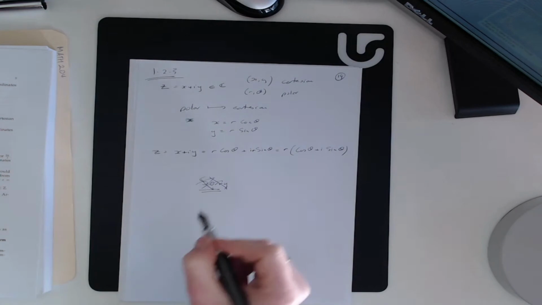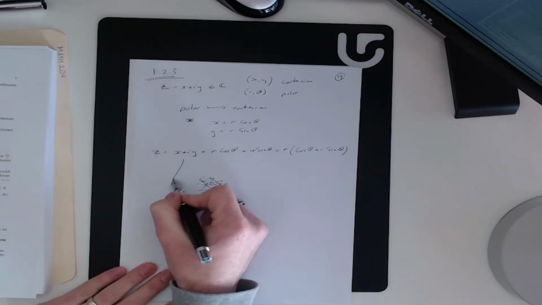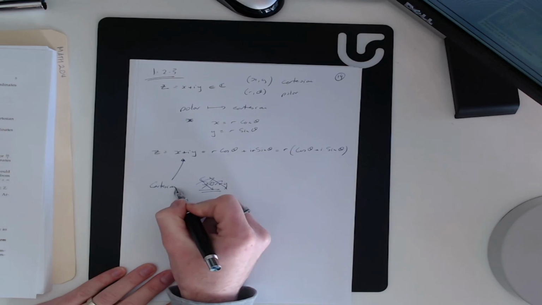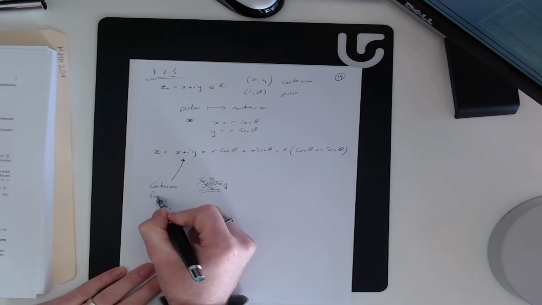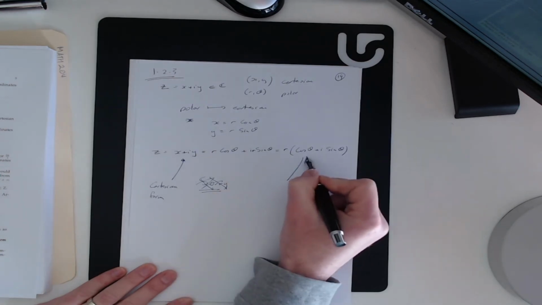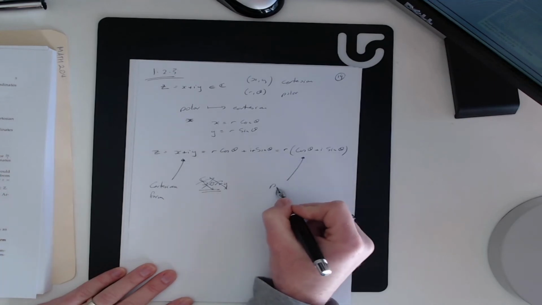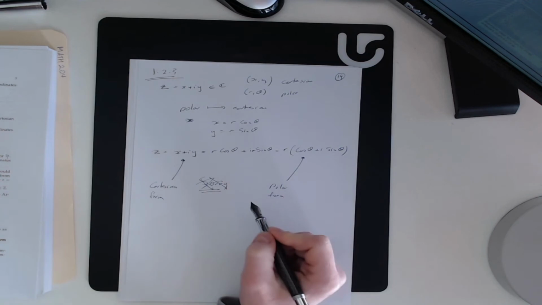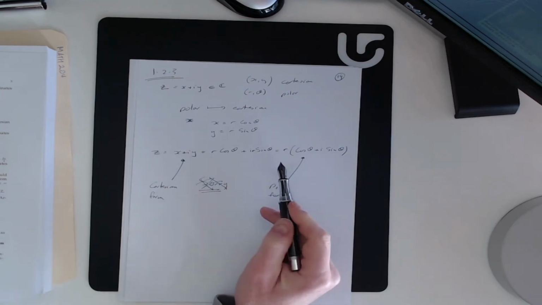Okay, so this is Cartesian form. This is polar form. Just like for ordered pairs, you need to say which is which, because it matters.